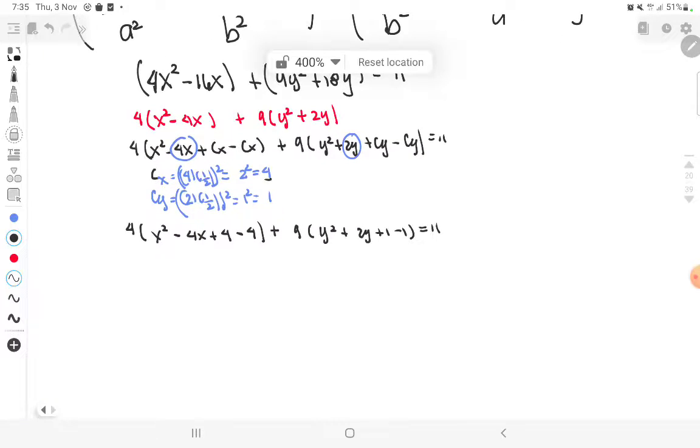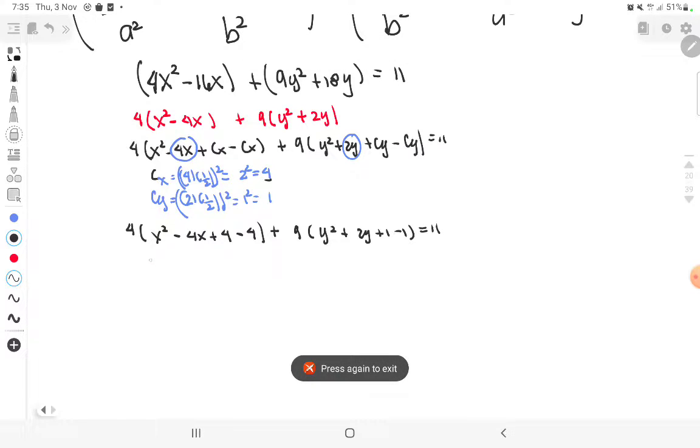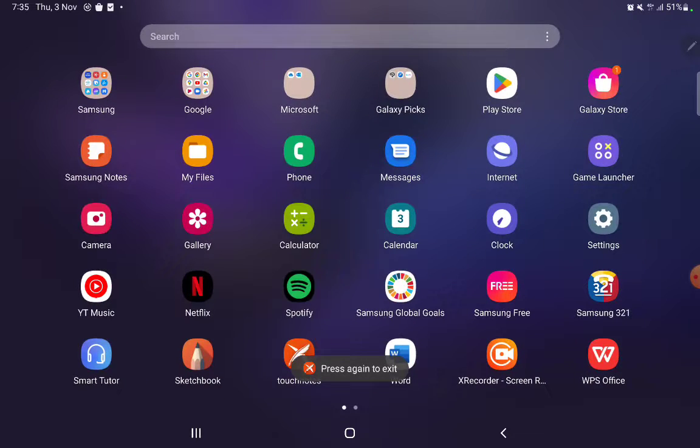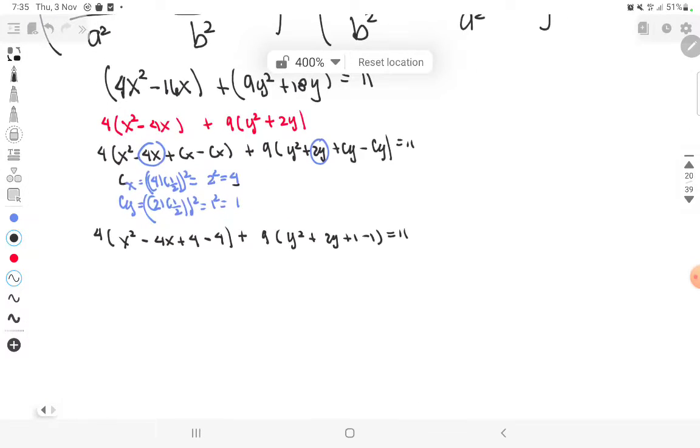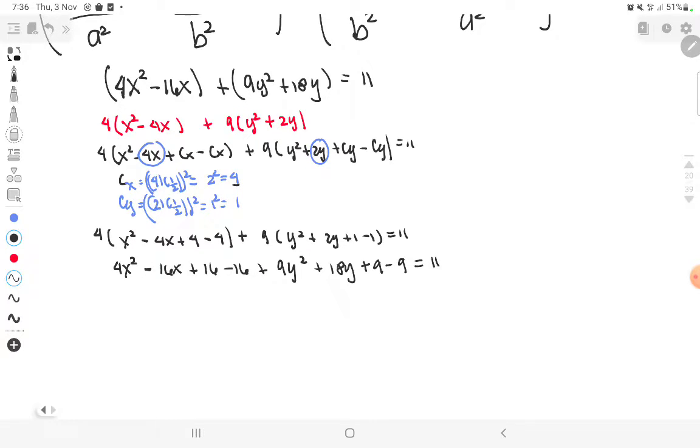After that I will return this equation by redistributing my 4 and my 9, which were factored earlier. So I will have 4x squared minus 16x plus 16 minus 16 plus 9y squared plus 18y plus 9 minus 9 equals 11.